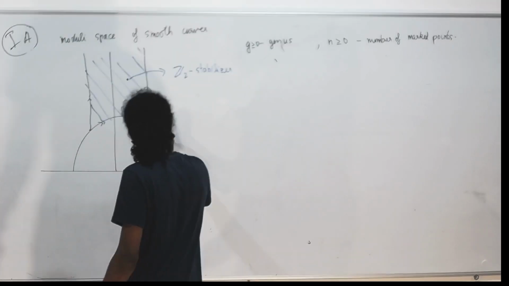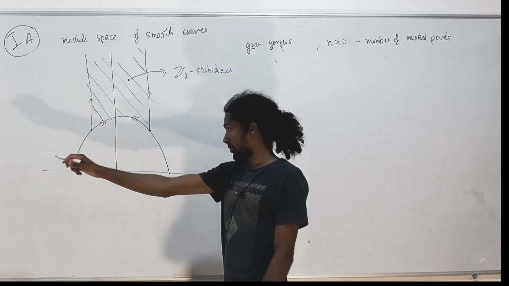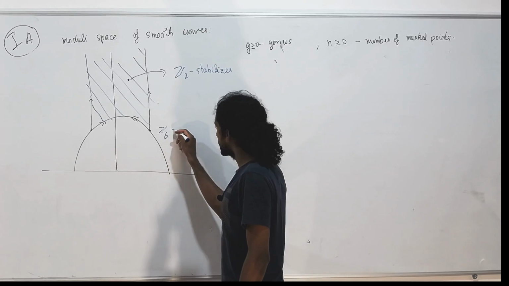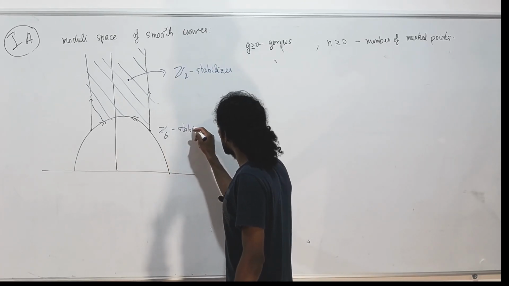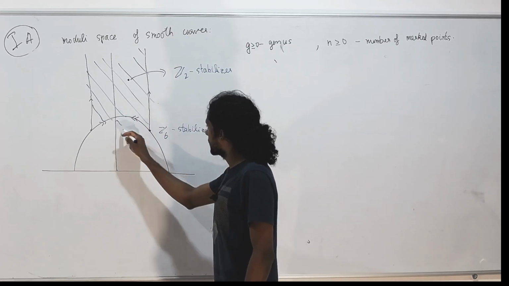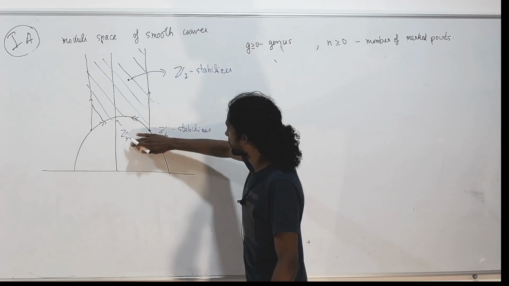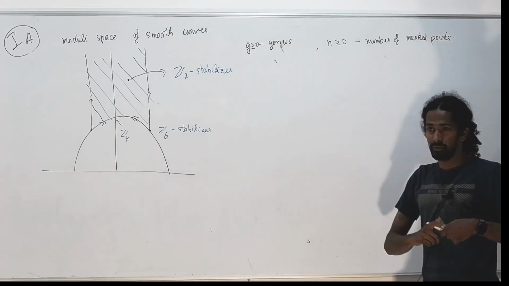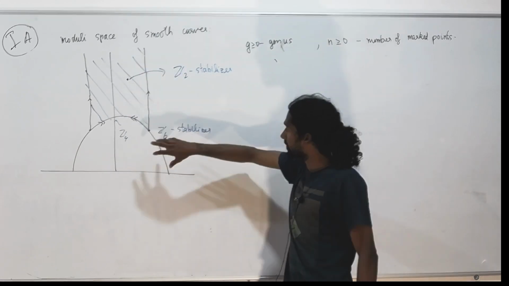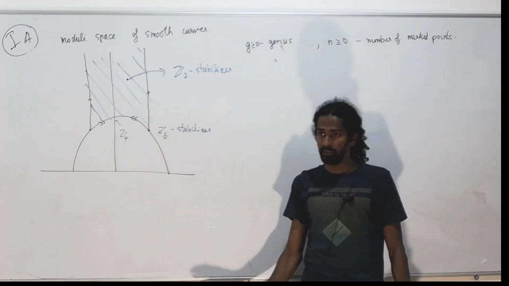You can check from there that this point has a Z6 stabilizer, and this one has a Z4. So this is the orbifold structure. The space is this thing, but your points have stabilizers, and you have to remember that happens.